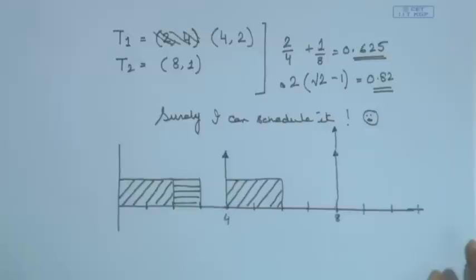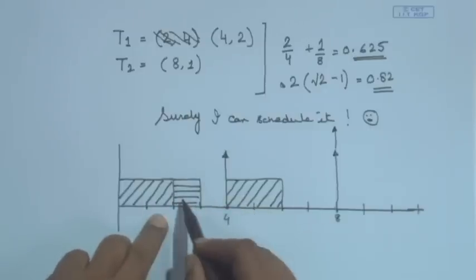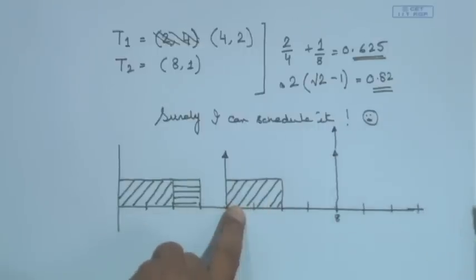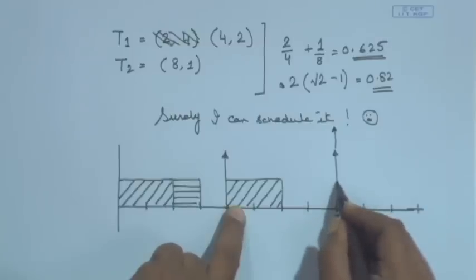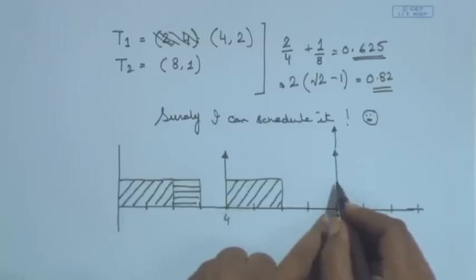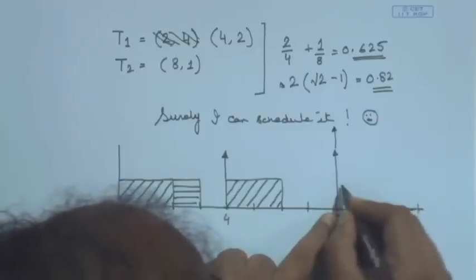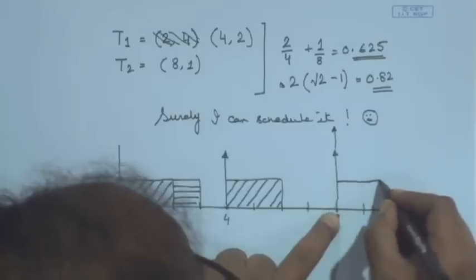Now, what will happen? Now, all the tasks are complete. So, T2 and T1 both are complete. Next instance, when will T1 come? T1 is arriving here and T2 is also arriving here. So, which one will have priority? T1, right. So, T1 takes 2 units.